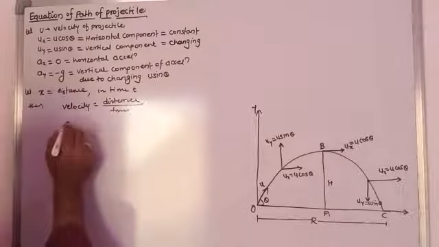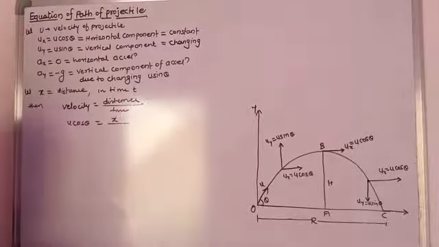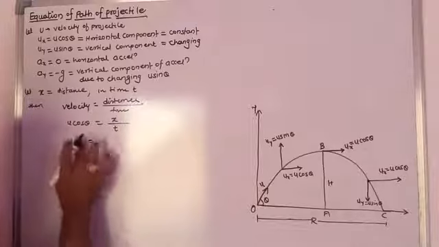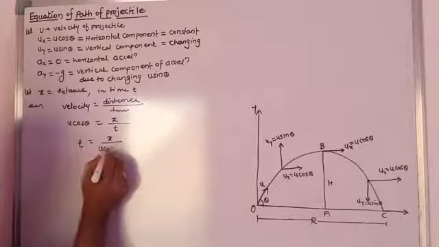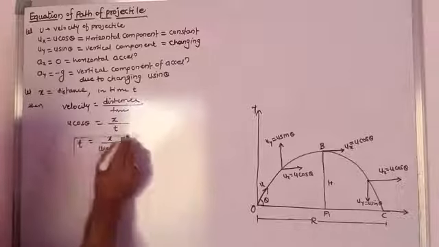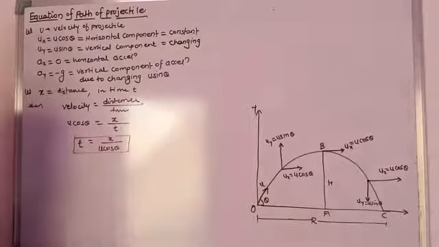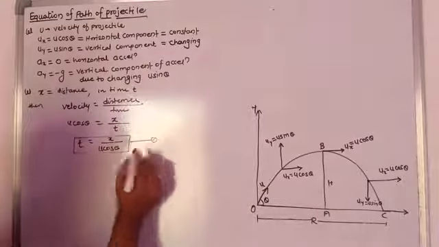Now horizontal velocity is u cos theta and distance covered by the particle is x in time t, therefore we can write t is equal to x upon u cos theta, and this is the time taken by the projectile to cover distance x with velocity u cos theta. This is equation number 1.